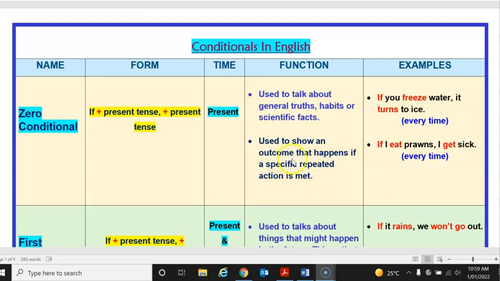So in this example, if I eat prawns, I get sick. So this happens every single time. So again, we've got if plus present tense, eat prawns, comma, plus present tense, get sick.